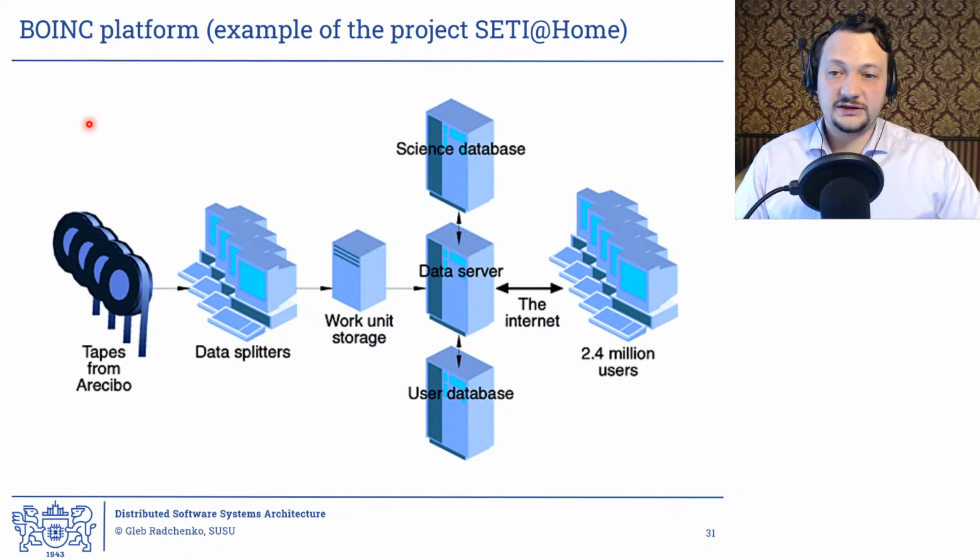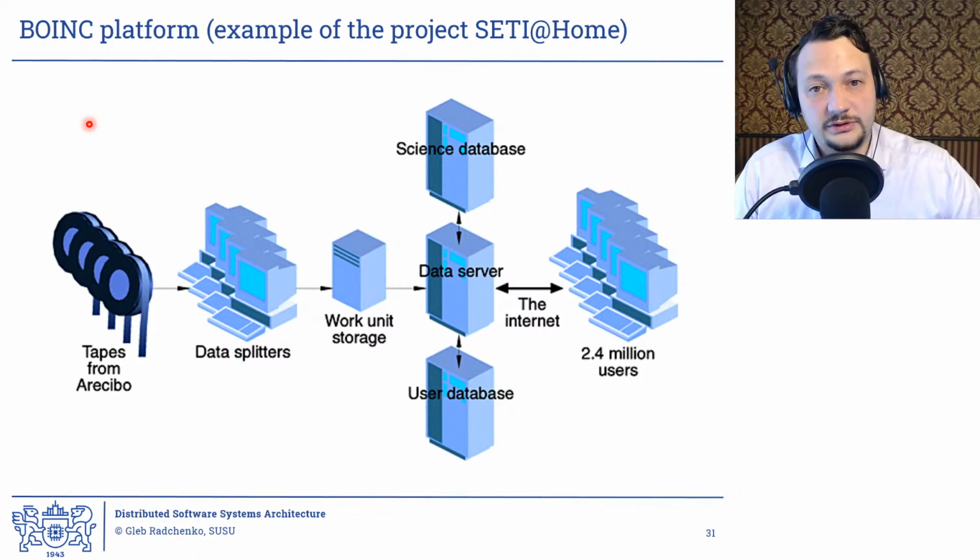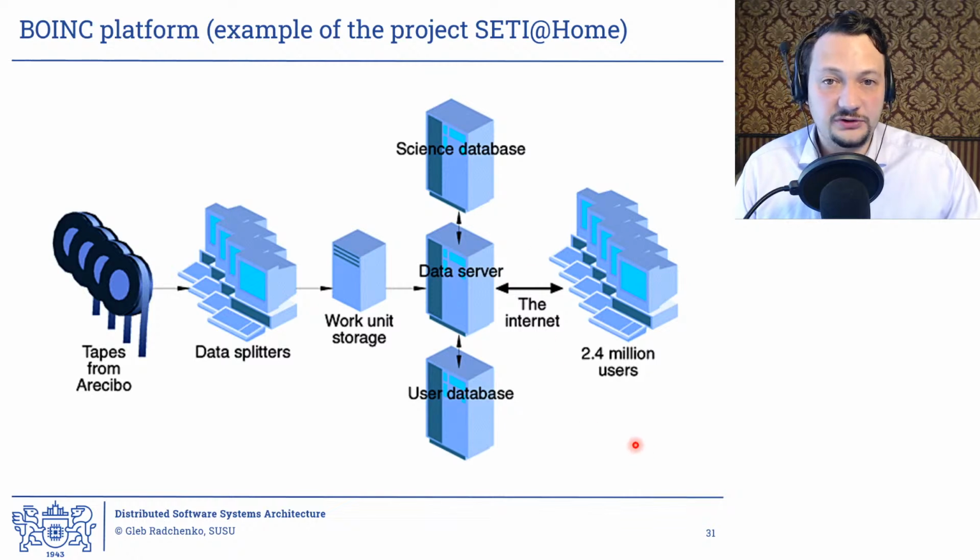But you can see from this diagram that this is not a peer-to-peer platform at all. Because if we organized these calculations as peer-to-peer, then the users would be clients and the servers. So 2.4 million users in a peer-to-peer network would communicate with each other to organize this communication.